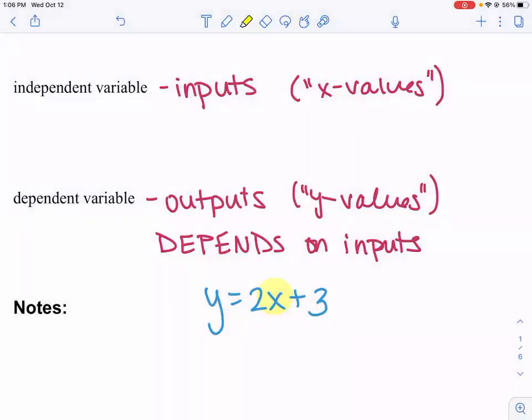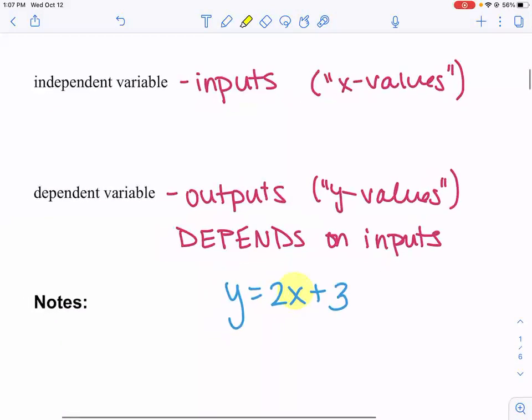I can choose anything to be x and plug it in, but the y value depends on x in order to get the value. I'm going to plug in a number for x to figure out y. So x is independent. I can just put anything in for x, but y depends on that number getting plugged in for x. It's going to change based on that variable. It relies on what we plug in for x.